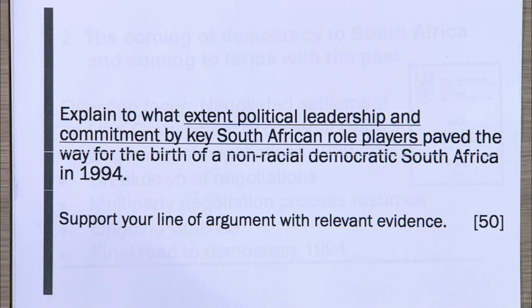I've already indicated for us over there, grade 12s, that our essay needs to have a look at leadership in some way, and it clearly tells us they want to know the extent to which the political leadership plays a role, right? And how this is going to pave the way for a non-racial and democratic South Africa.